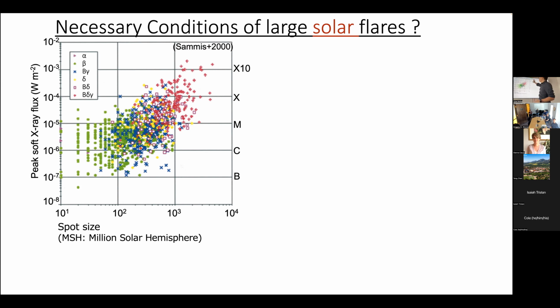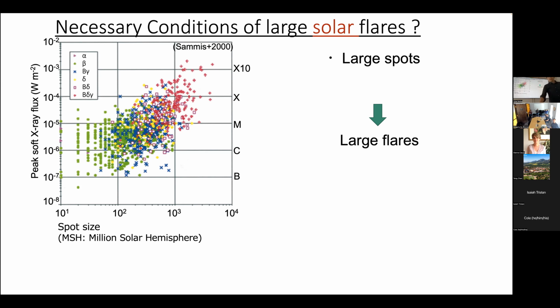Then there is some correlation, and also the color. First, please look at the upper limit. If the sunspot magnetic area is large, then the upper limit of flare energy is larger. Of course, we can have smaller flares, maybe. So a large sunspot can be a necessary condition of large flares.